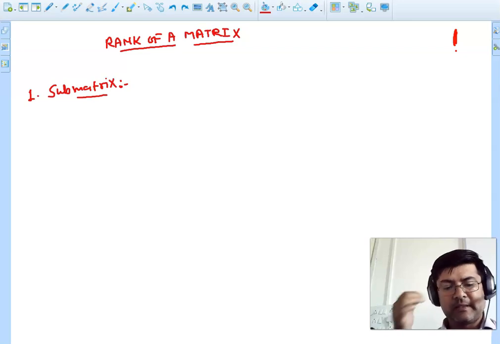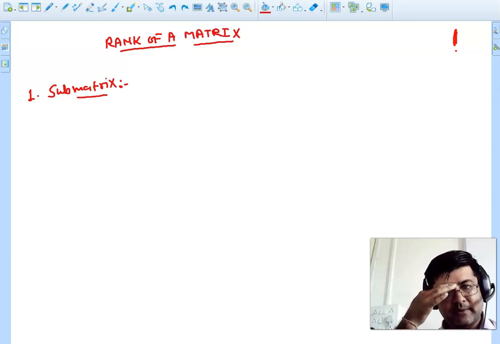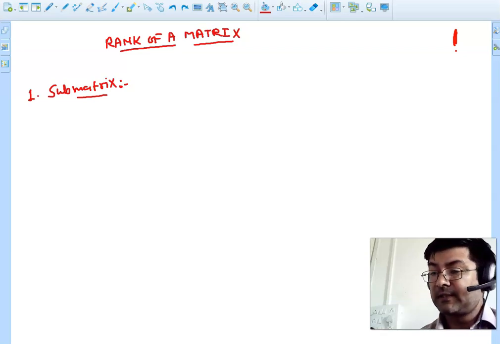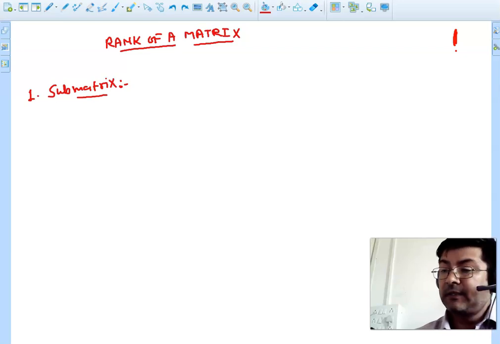Before we see what is the rank, let us get aware of a term called submatrix. Okay, now what is a submatrix? Let us see first.